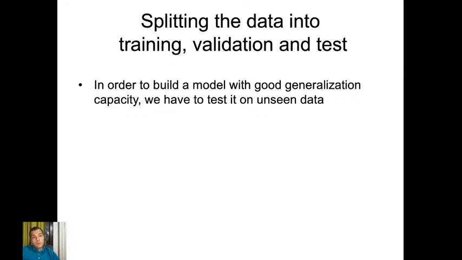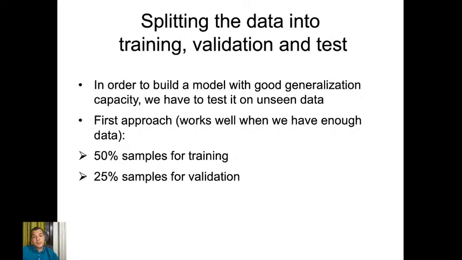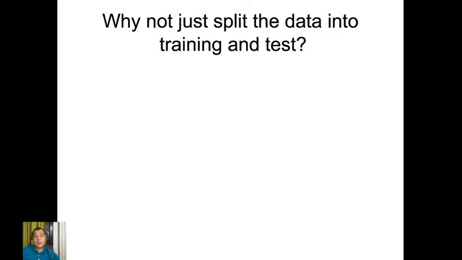In order to ensure a good generalization capacity, we have to test it on unseen data. We can decide on some partition of the data set. For example, we can keep 50% of the samples for training, 25 for validation, and 25 for test. This can have various percentages. Usually we want to keep more training data to be able to train a better model. And of course the percentages can vary.